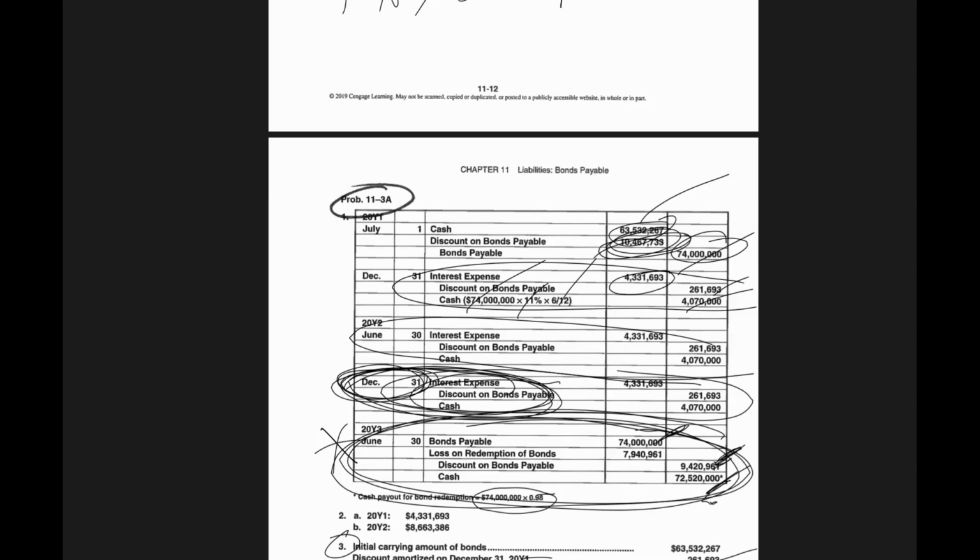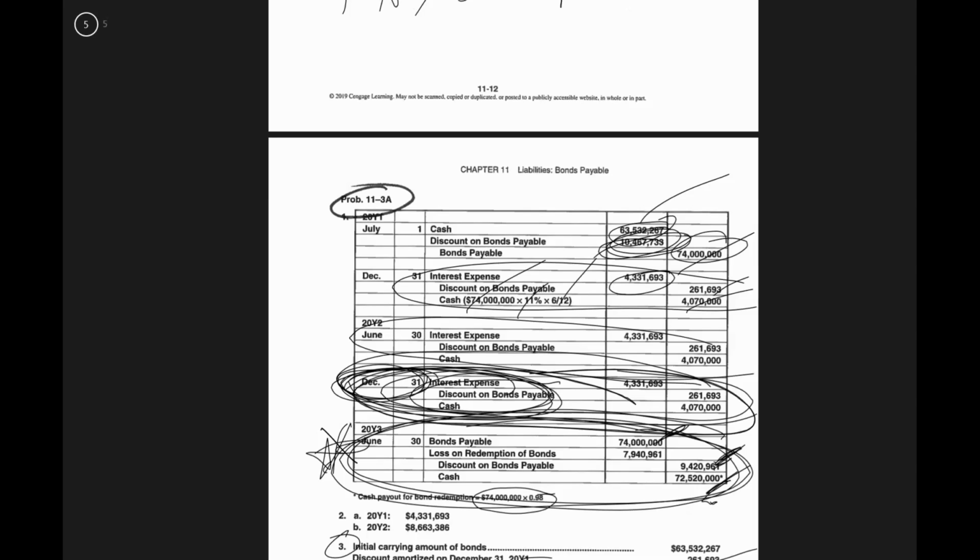Then we can record this entry where we redeem the bond. And you would want to do it that way because if on June 30th now we're paying off this bond, that's great. But the last time we got an interest payment was December 31st of the previous year. So there was 6 months worth of interest that we should have gotten paid. So we would do one more of these right before we do this entry.